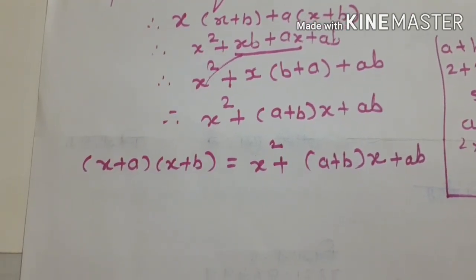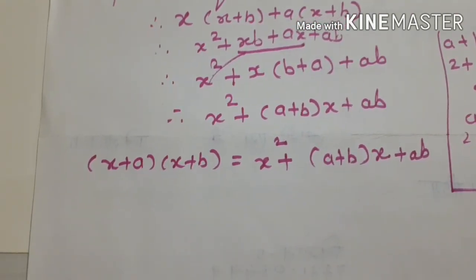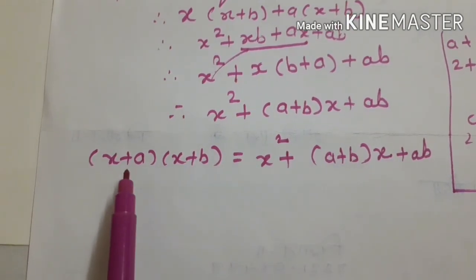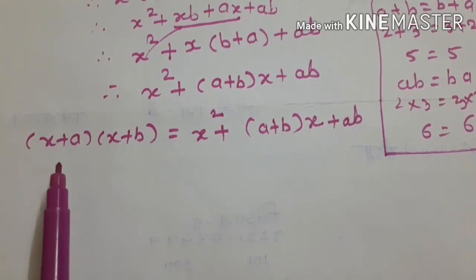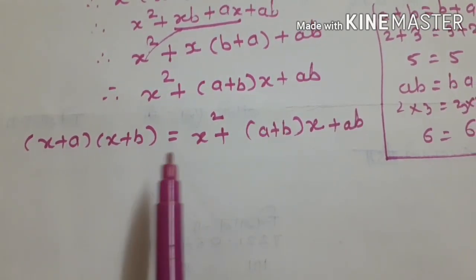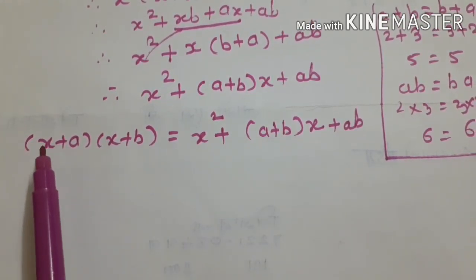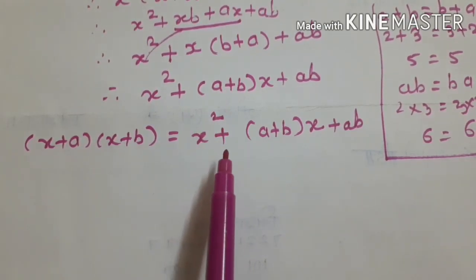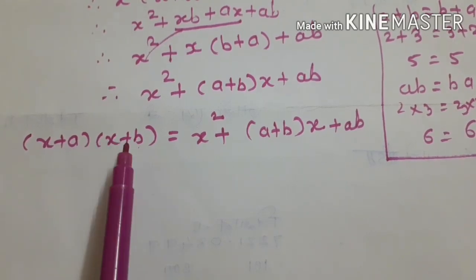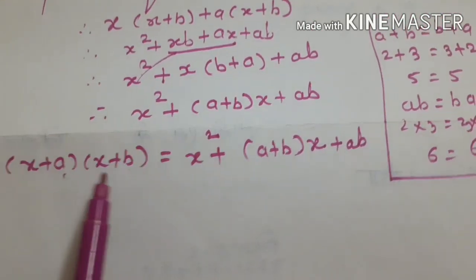Again I tell you, what is our expansion? (x plus a)(x plus b) is equal to the first term square. The first term is x, that's why we write first term square, meaning x square, plus the addition of the second terms. What are our second terms? a and b.